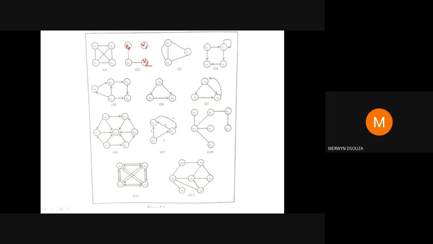V0 is not having a direct edge to V2. Therefore V0 and V2 are not adjacent to each other. Here there is V3, and V3 has an edge to V2, so V3 is adjacent to V2. I hope you are getting what I am trying to tell you. What are adjacent vertices?